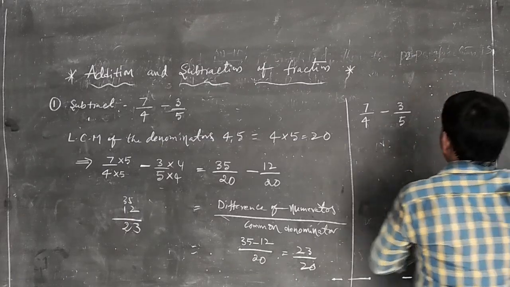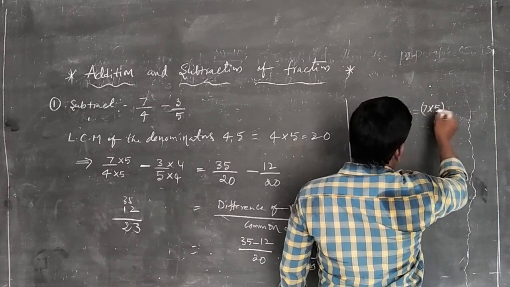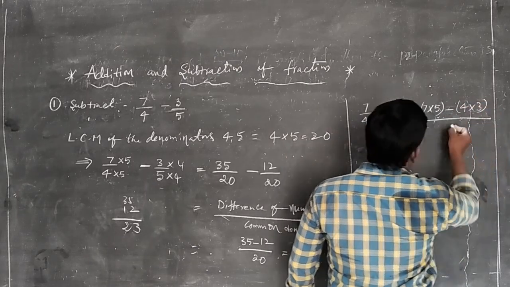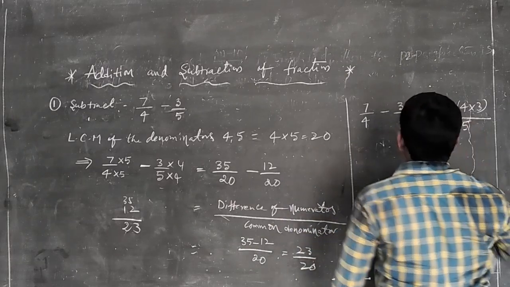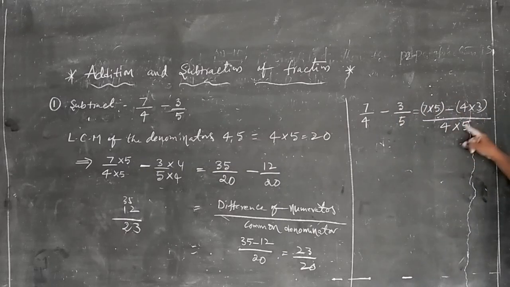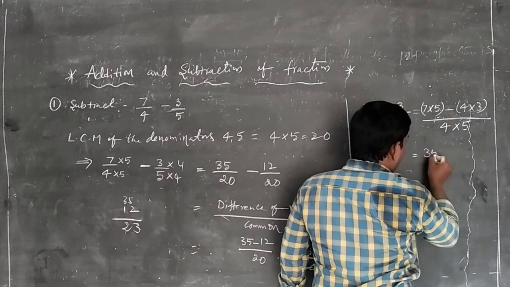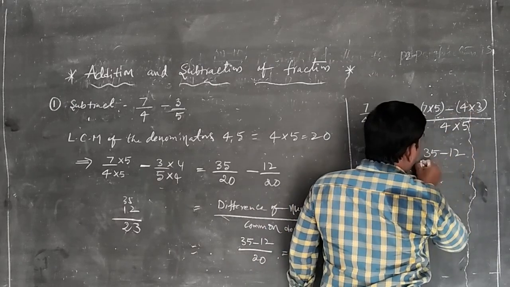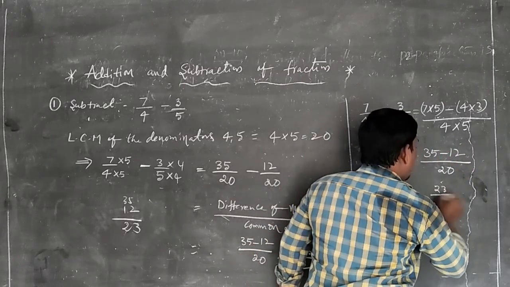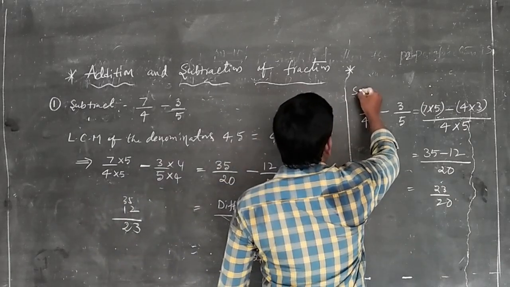Again I am writing clearly: 7 into 5 minus 4 into 3 by 4 into 5. 7 5s are 35 minus 4 3s are 12 by 20. That means 35 minus 12, 23 by 20. This is the simple shortcut.